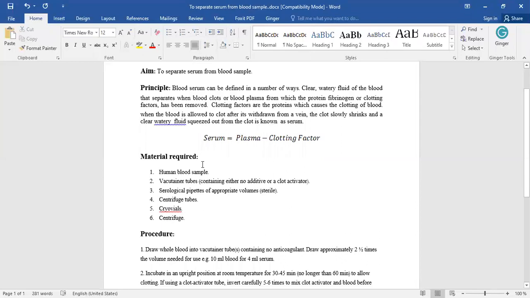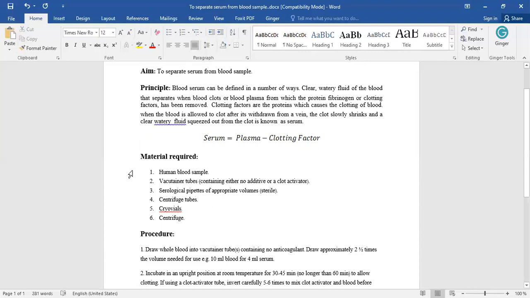So these are the two things which are found in the blood, serum and plasma. How do we isolate them? We draw the blood through a syringe, and we can separate the serum and plasma through centrifugation techniques.